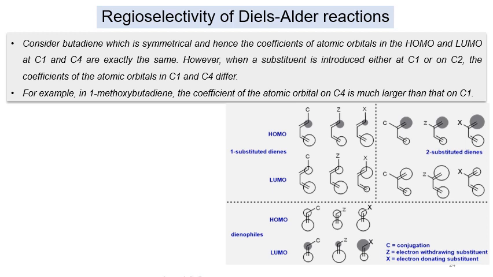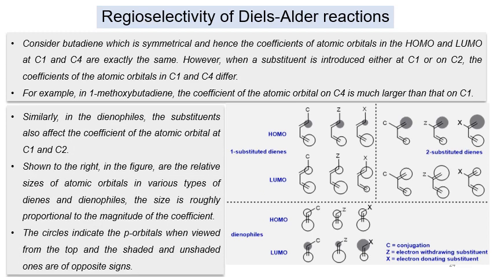For example, if you have a methoxy substituent on C1 or C2, definitely the atomic orbital on C4 will be much different from butadiene. And if you have an electron donating substituent on the first position, then the coefficient on position number 4 is much larger than on C1.